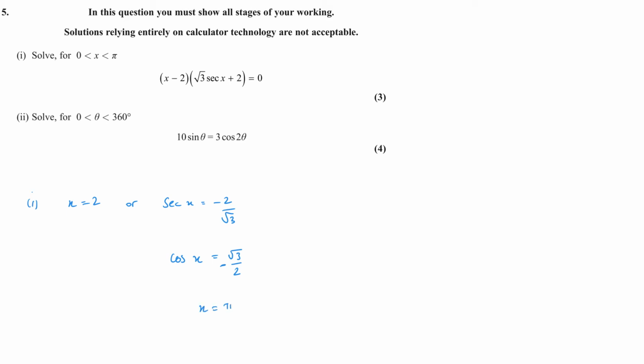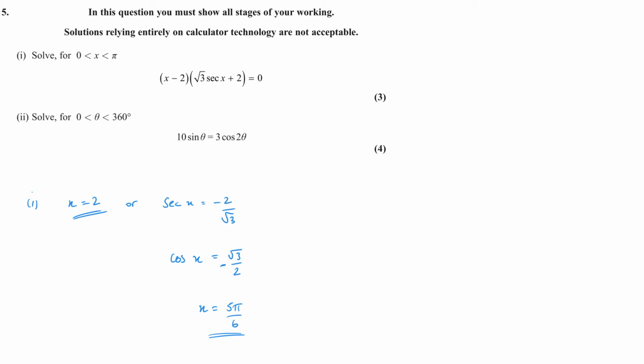And x is 5 pi by 6. Now if you look at the CAST diagram between 0 and pi, there's only going to be one answer when cos is negative. It's here between pi by 2 and pi, which 5 pi by 6 is. So there's only one answer to part 1. It's the 2 and the 5 pi by 6.